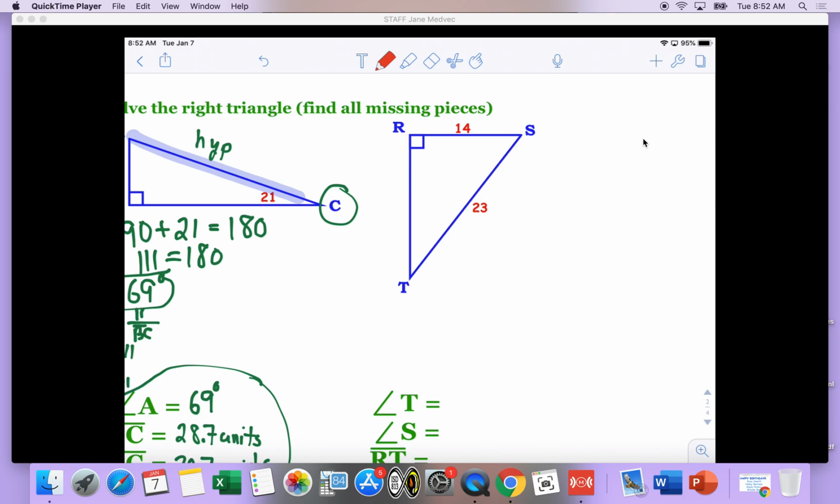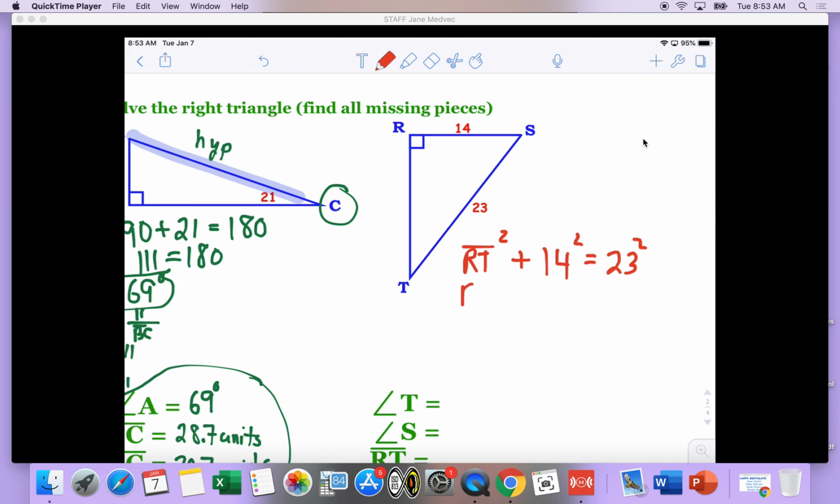So I'm going to go RT squared, okay, plus what would be the next side? 14 squared equals 23 squared. Does the 23 have to be where it is? Yes, it does. Why? Yeah, it's the hypotenuse. Yep, it's the hypotenuse.